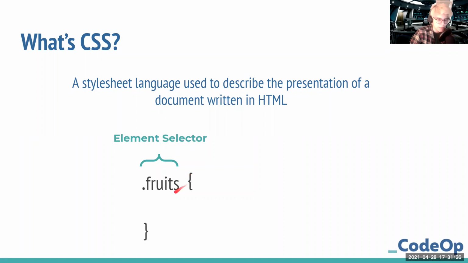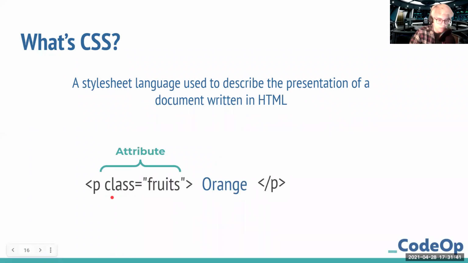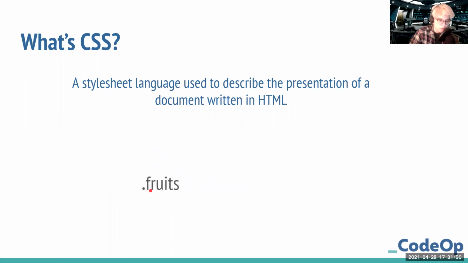In between curly brackets we have the CSS property. So again, we call the HTML attribute. In this case the name is fruit, so it will be dot fruit.